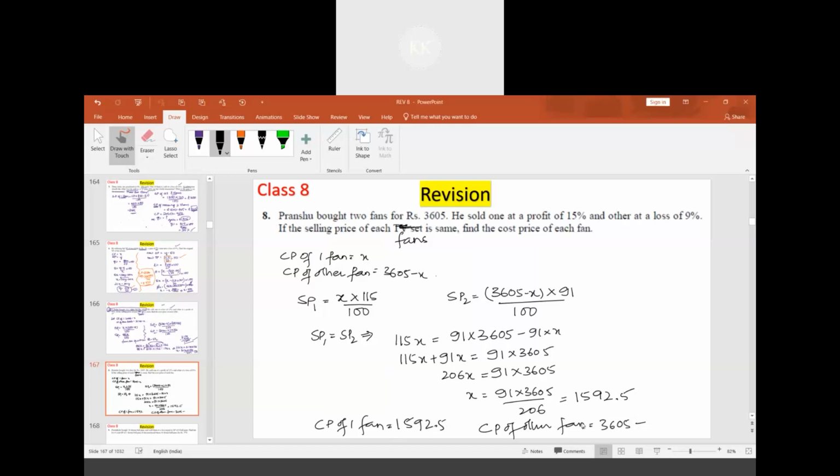So we need to subtract. Thousand 12.5. So these are the cost prices of both the fans.